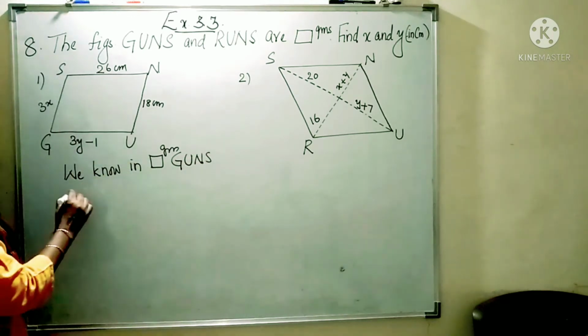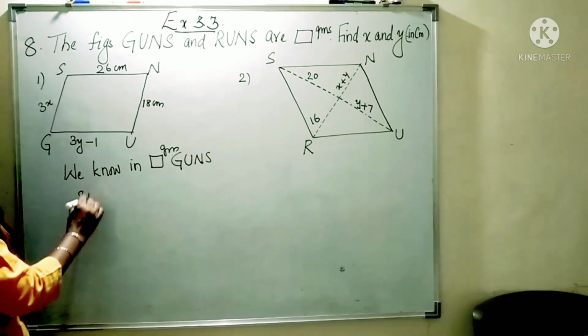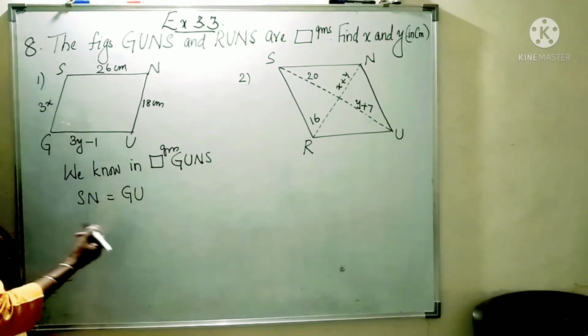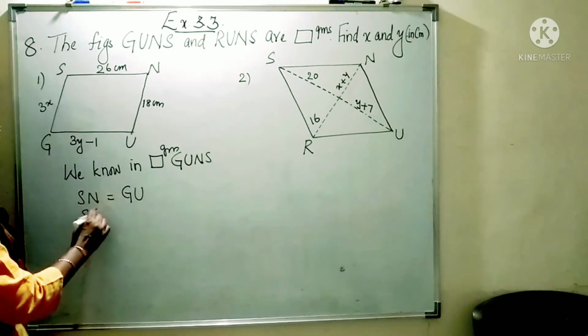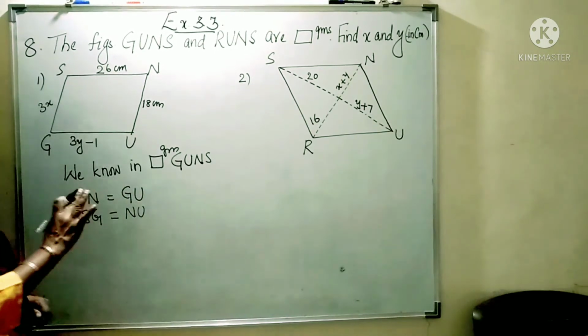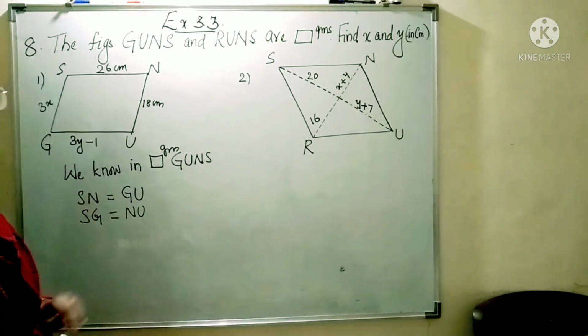Which sides will be equal? SN will be equal to GU and SG will be equal to NU. This we already know. So we are going to use that property.